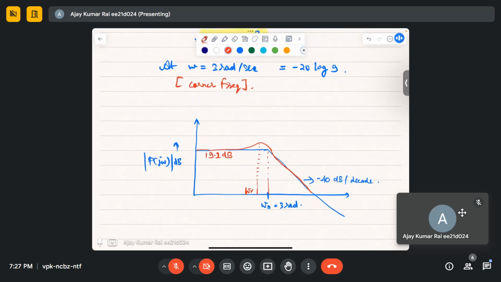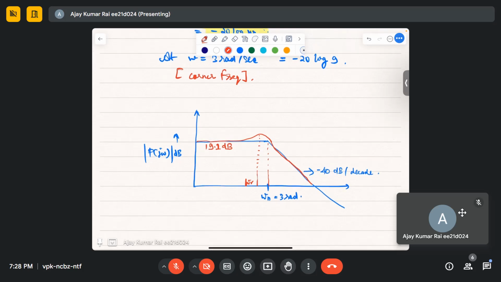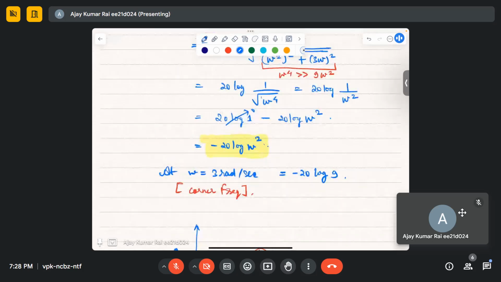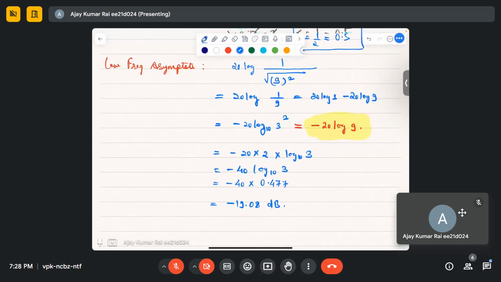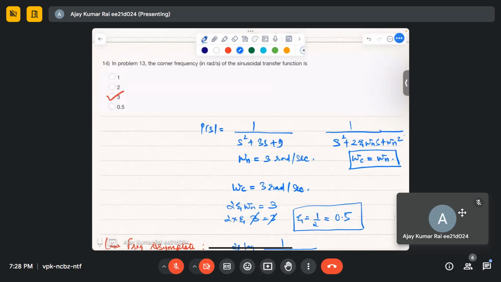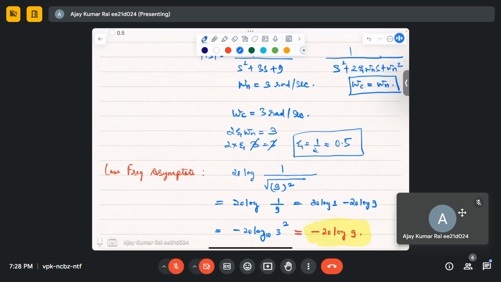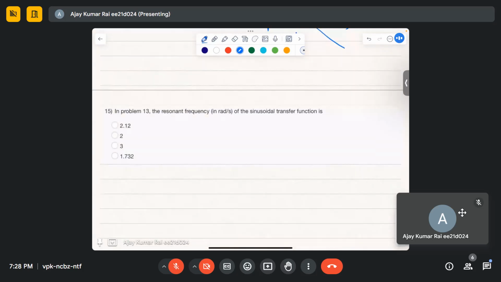This is how the magnitude of a second order function looks like. Any doubt in this case how we got to the corner frequency? Okay, let's do the next question.